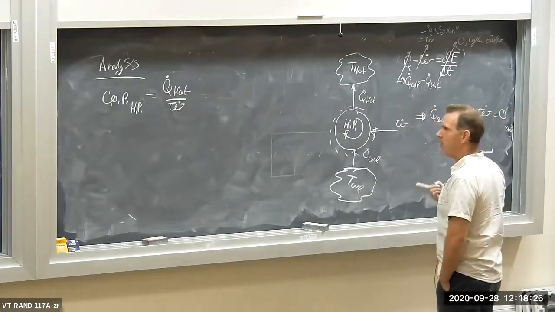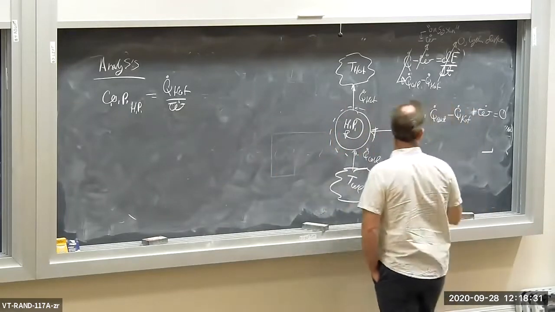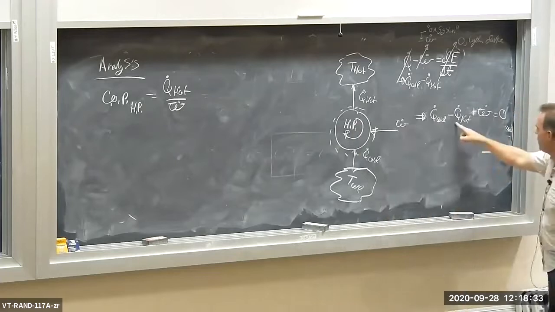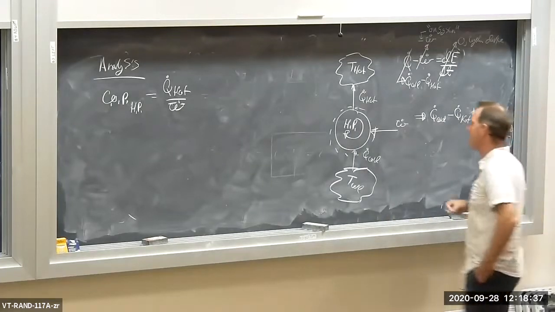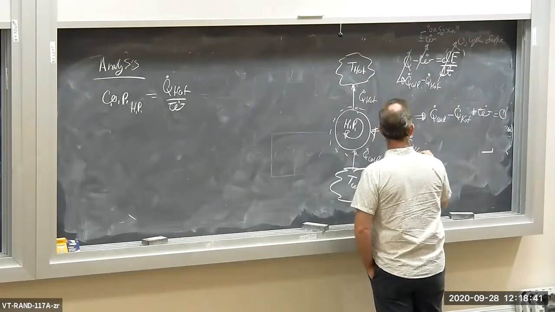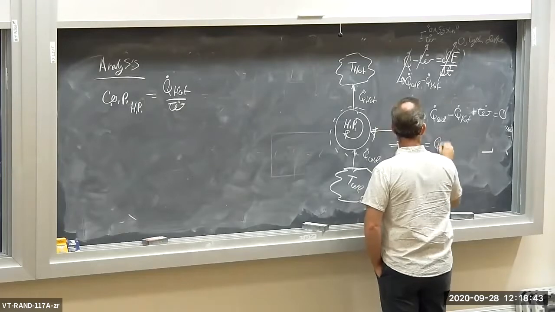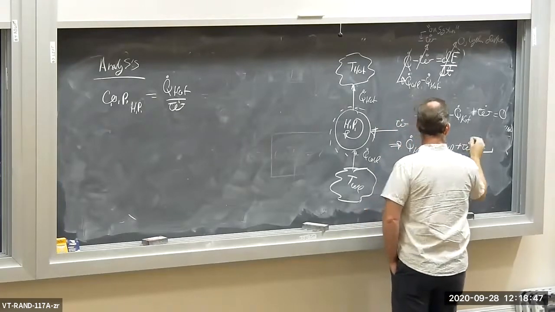Okay, I know the W dot, but I don't know Q dot hot. Let me solve for Q dot hot by the energy balance. Let me pull the Q dot hot over on the right-hand side and flip the whole equation. And I get Q dot hot equals Q dot cold plus W dot.